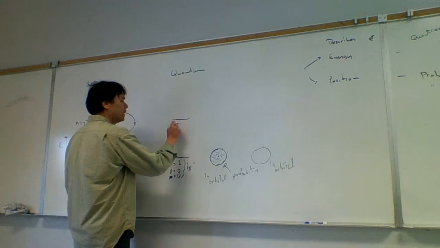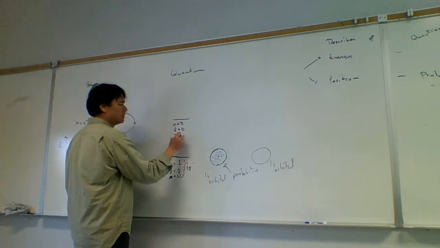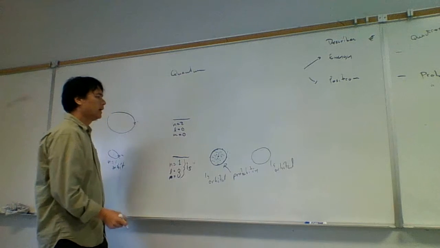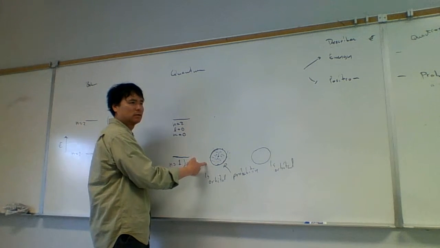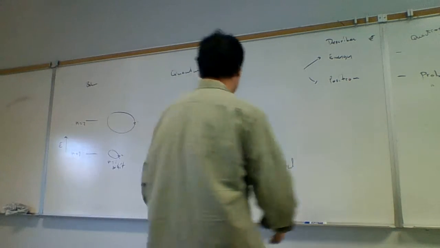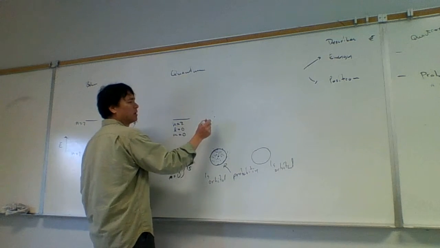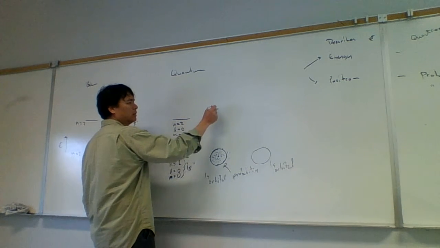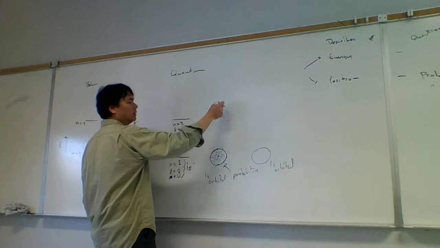And so we could have n equals 2, L equals 0, M equals 0. And what that looks like is just a bigger version of this. It has more energy. If it has more energy, then yes, there's a probability that the electron can be close, but there's going to be greater probability that the electron can be farther out.